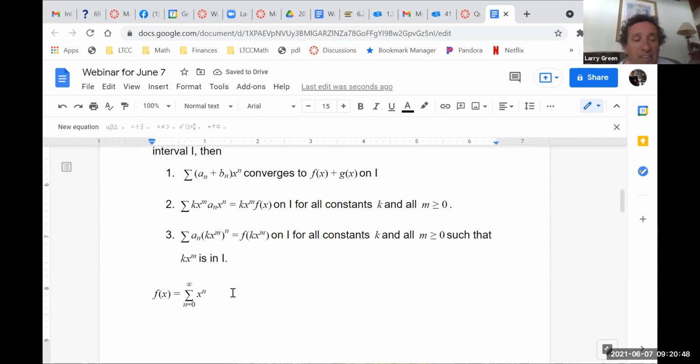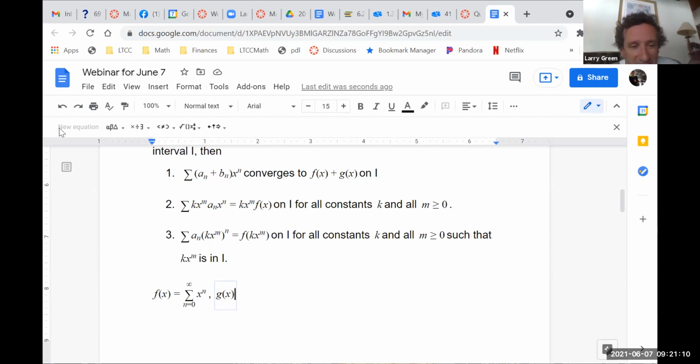By the way, what's the interval of convergence for f of x? Very simple. You should be able to do it in your head, probably. Yeah, -1 to 1, not including the endpoints.